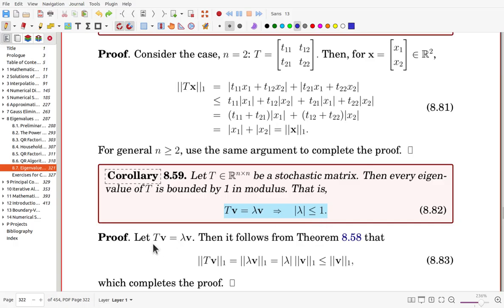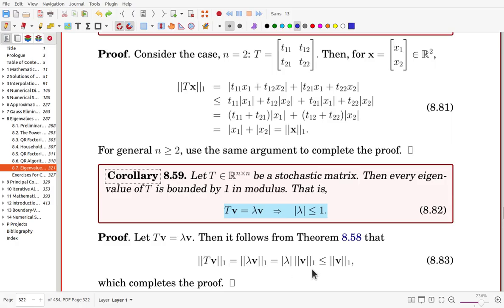Okay, we start with Tv = λv. The 1-norm of Tv is now the 1-norm of λv, which is quite true from this equation. And for a vector norm, a scalar multiple can go out with the absolute sign. So these we already know.